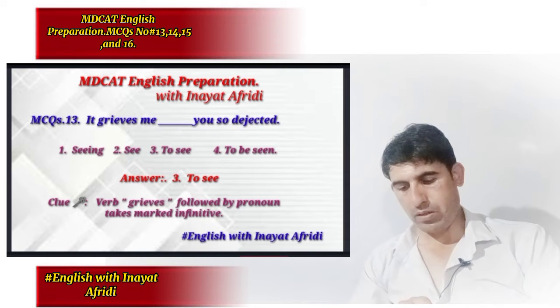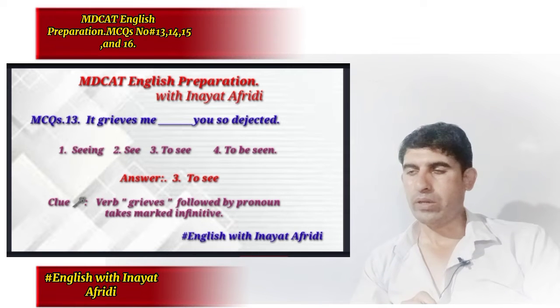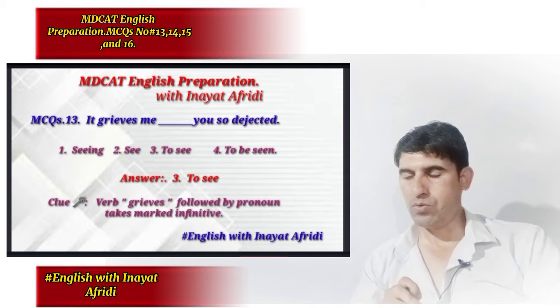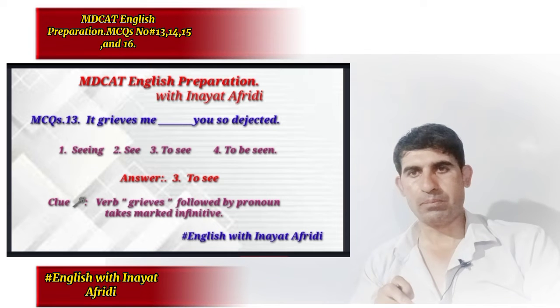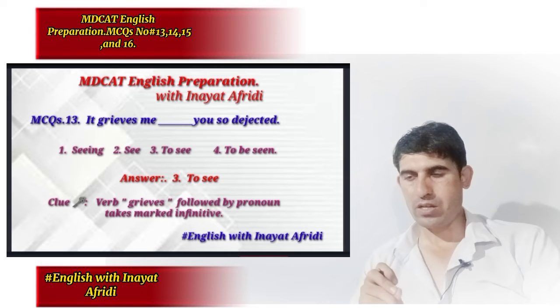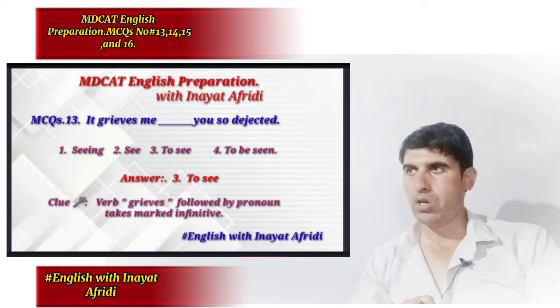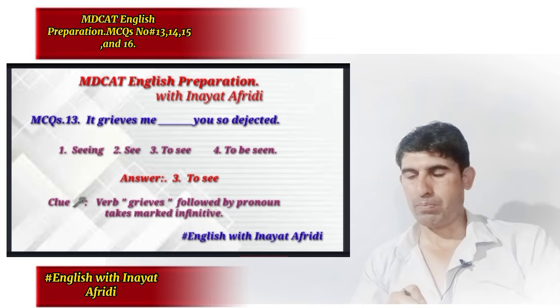Now, getting back to the statement, it grieves me. In English, the word grieves, when it is directly followed by a pronoun, and in this case we have me, which is the objective case of the pronouns I, my, and me.